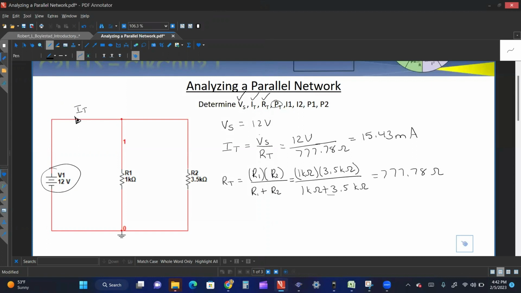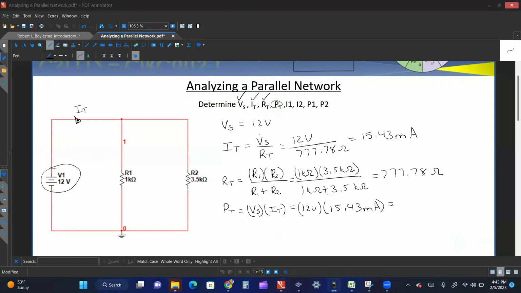All right, so we could calculate P total. Let's do that next. So P total is going to equal your source voltage or your total voltage, however you want to call it, times your total current. And so when you plug those two values in, you get 12 volts times your I total, which is 15.43 milliamps.